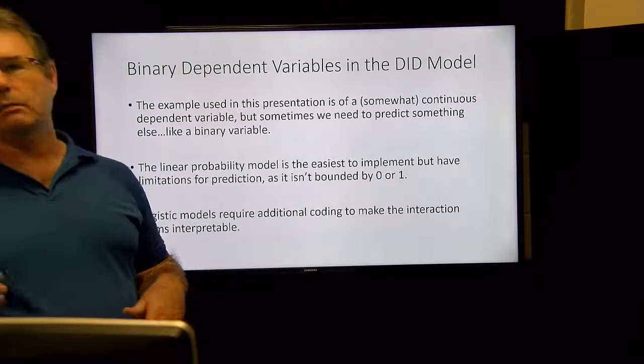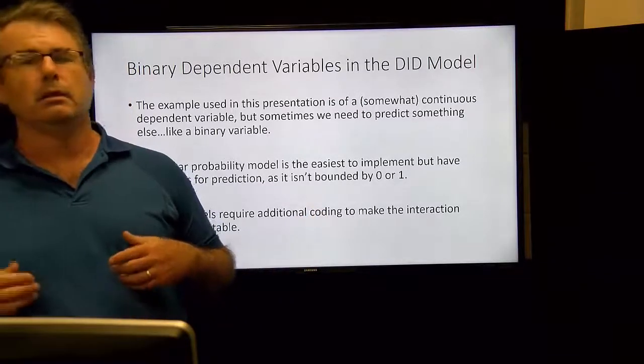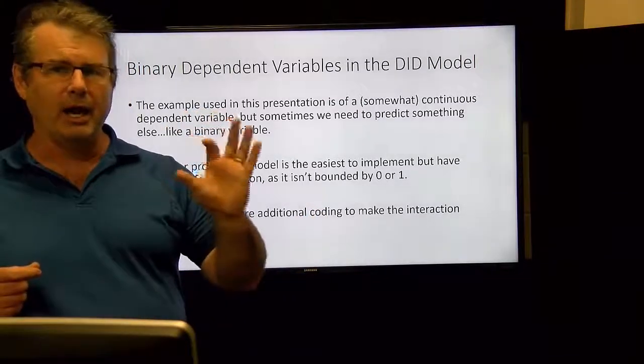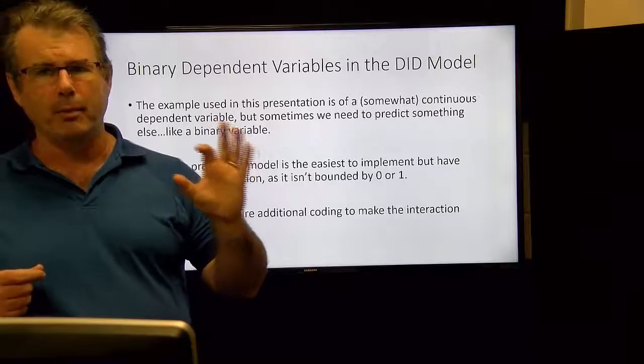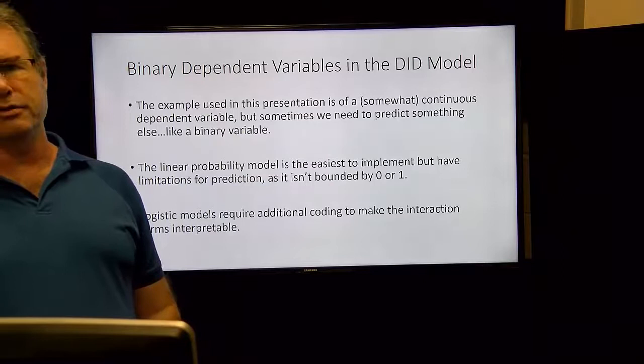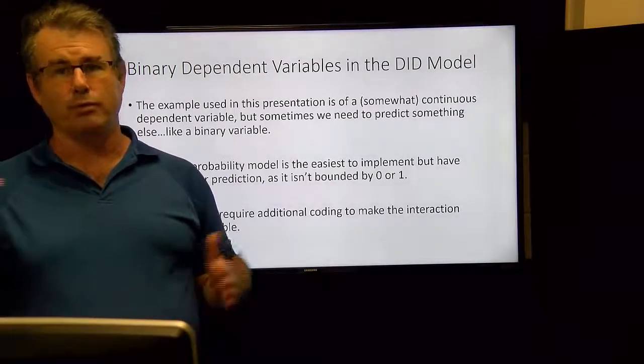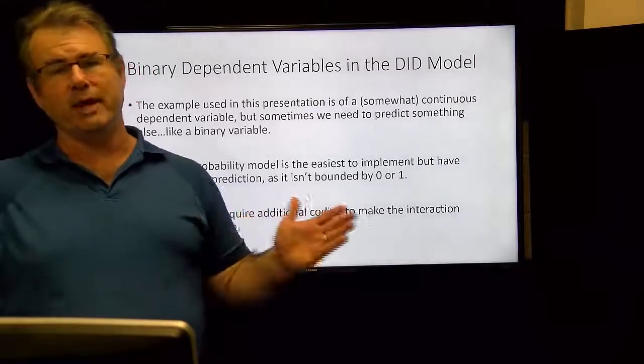If we're talking about, say, whether or not something survives, then you can't have lower than a 0 probability of survival, and you can't have larger than 100% probability of survival. Except the linear probability model actually allows for predictions that are outside that range.